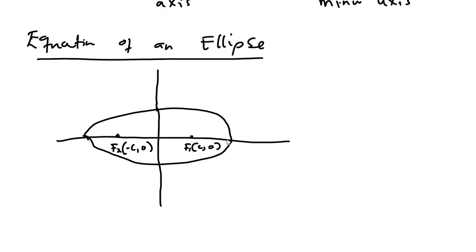Now the vertices: let's name this vertex (a, 0), and at the negative side we have (-a, 0). Then we have the co-vertices (0, b) and (0, -b). Now let's take any point on the ellipse, say point P with coordinates (x, y).